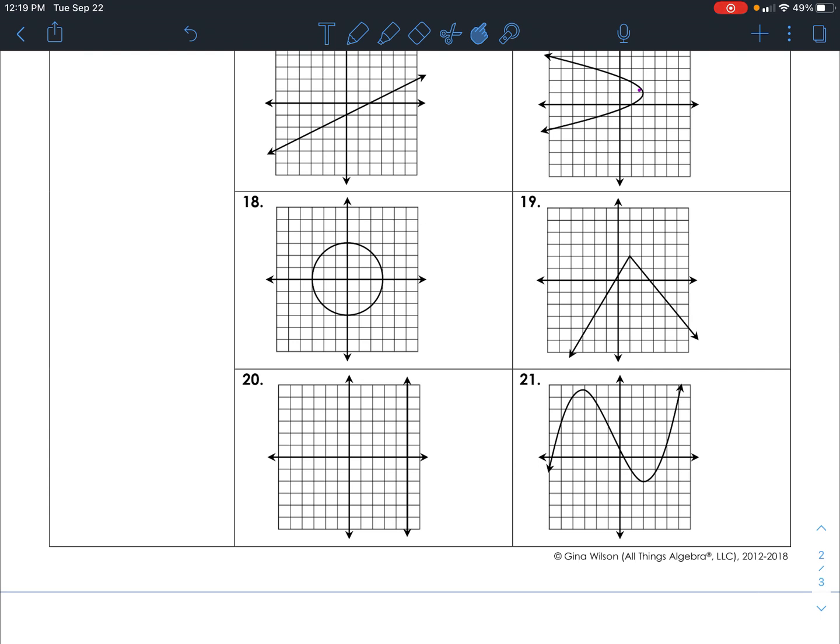So let me do number 20. If I skip down here, I'm going to do a vertical line test through a vertical line, right? So that graph just goes straight up and down along that same line. Two ways of looking at it. At the value of x with 1, 2, 3, 4, 5, right?